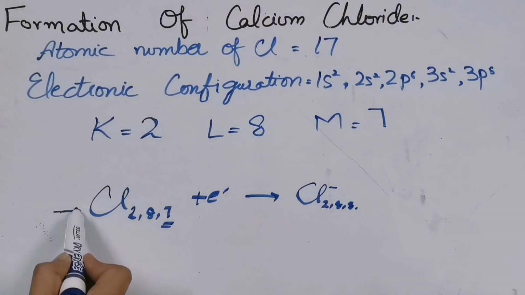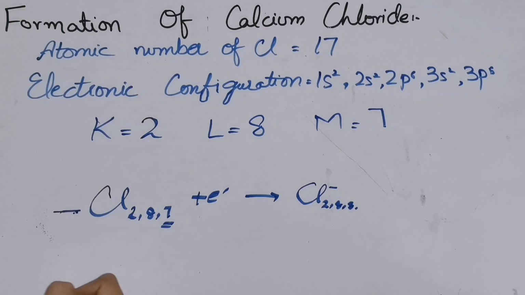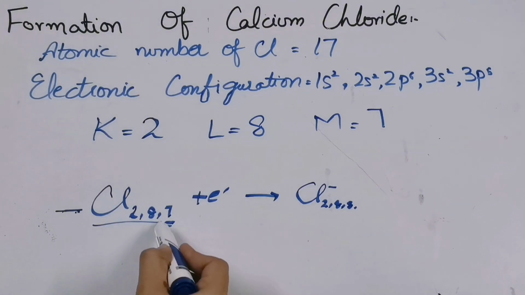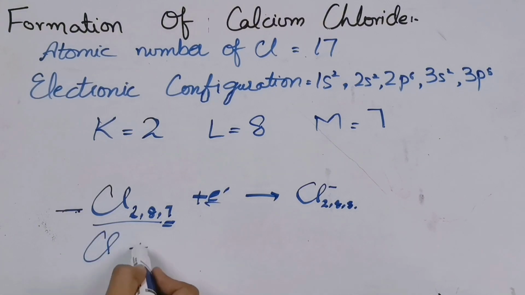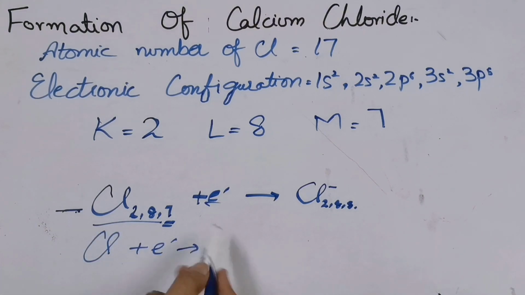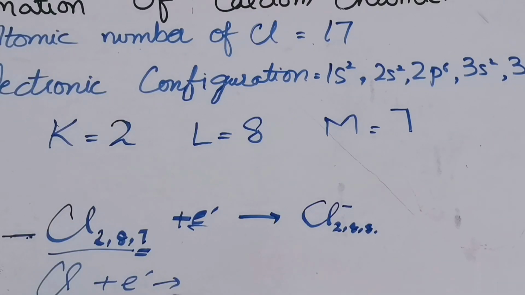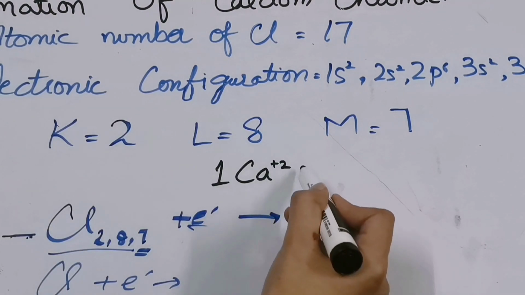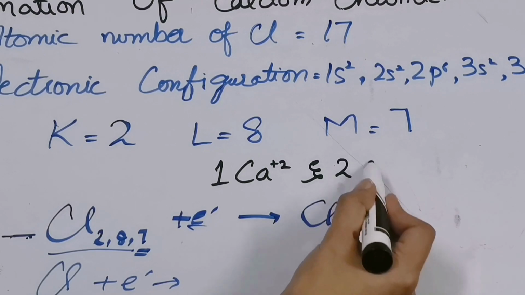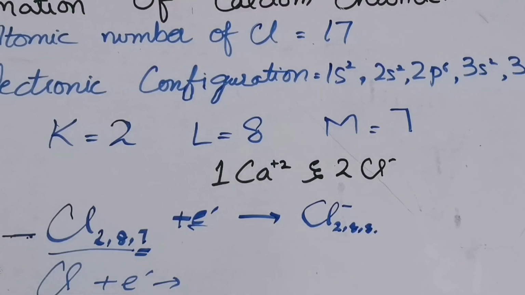There will be 2 chlorines that will react with calcium. Means that this is one chlorine that accepted an electron. There will be another chlorine that will accept the electron and convert into the negatively charged species. So we can say that 1 Ca plus 2 and 2 Cl negative will result in the formation of calcium chloride.